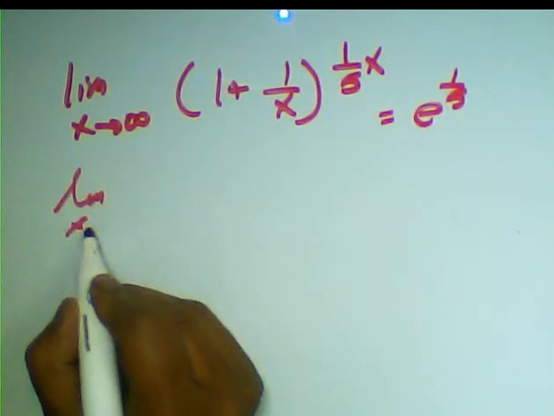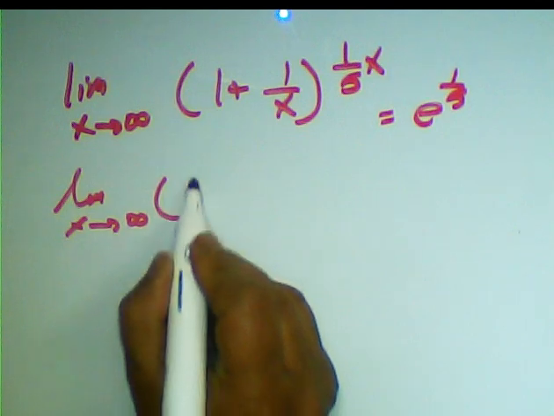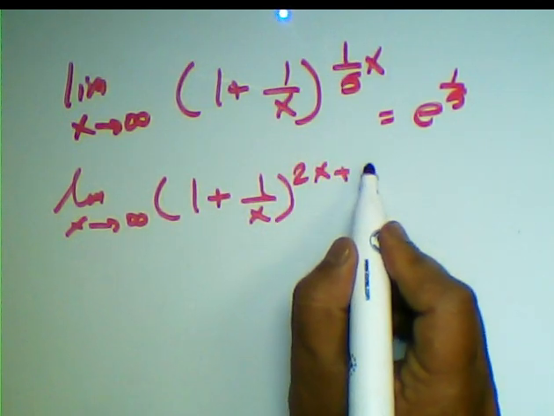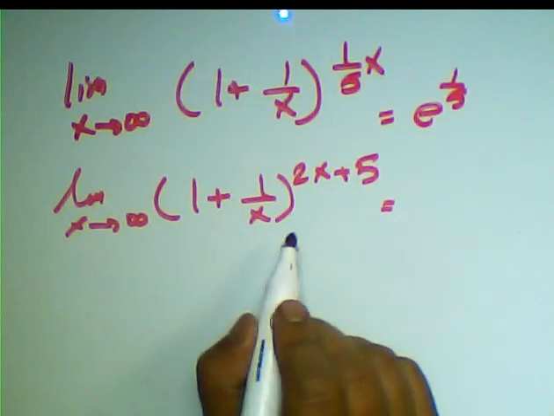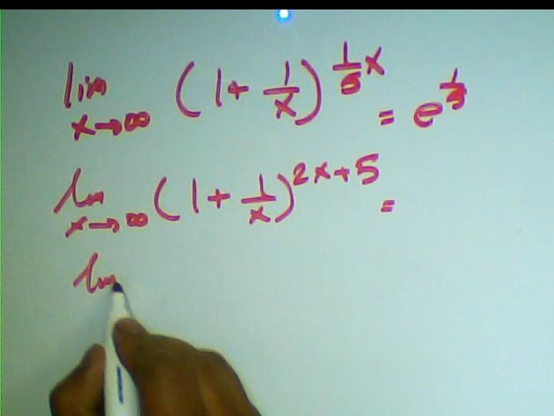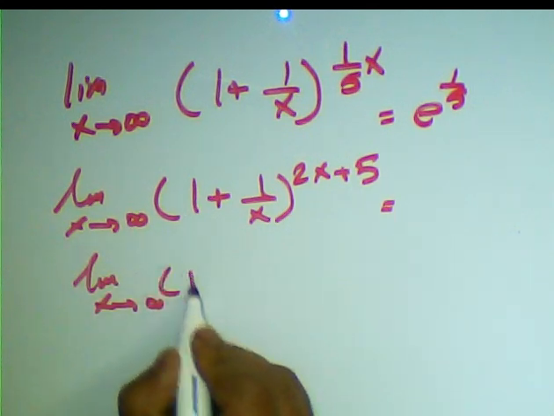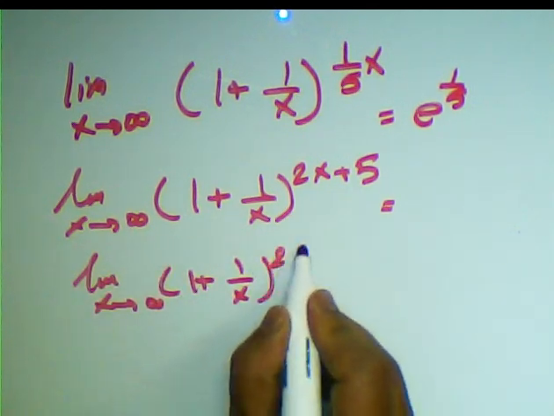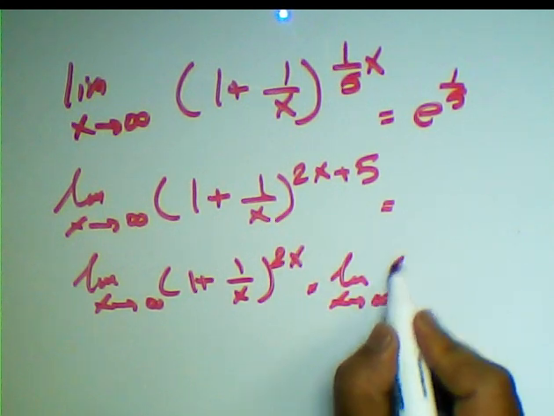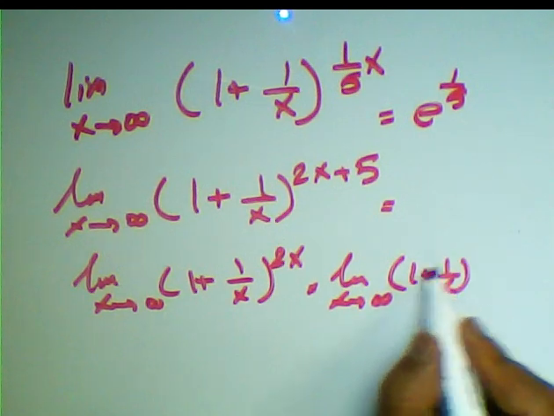And what about the limit, when x approaches infinity, of the function (1 + 1/x)^(2x+5)? We can find the result by writing the limit as x approaches infinity of (1 + 1/x)^(2x), multiplied by the limit as x approaches infinity of (1 + 1/x)^5.